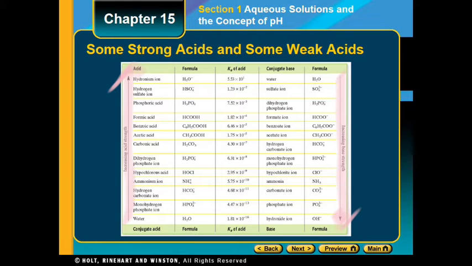So we did look at strength of acids and bases in chapter 14. This is giving you some actual Ka values now so that you can compare. If Kb values were given for the conjugate base side of things, again, you would see that those values would go in the opposite direction.